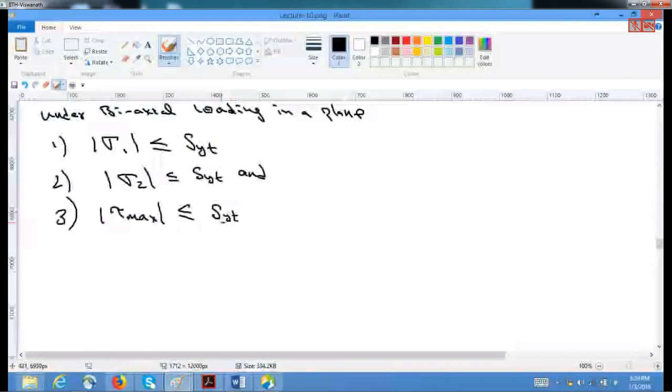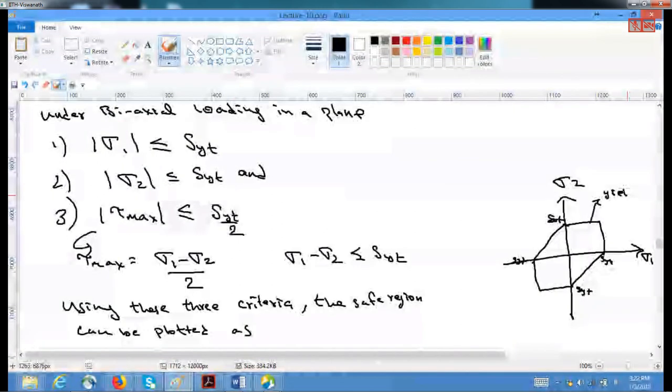This is the first criteria, second criteria. Let me put it this as first, second, the third criteria.